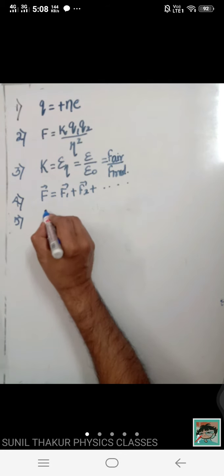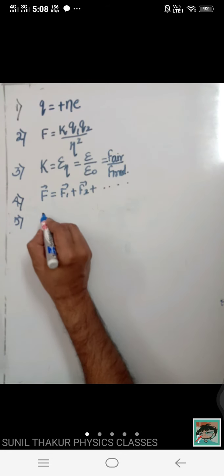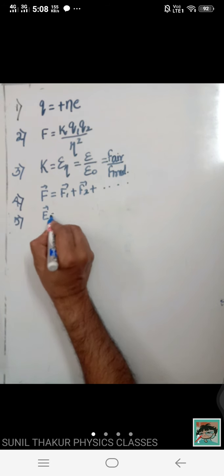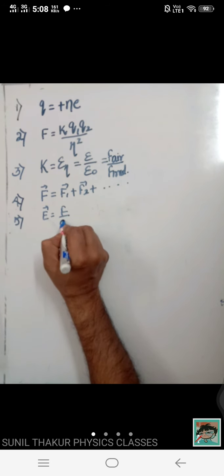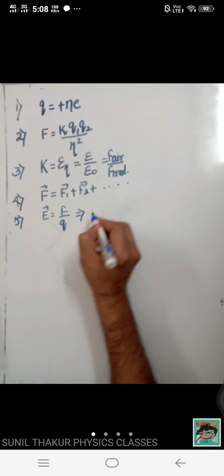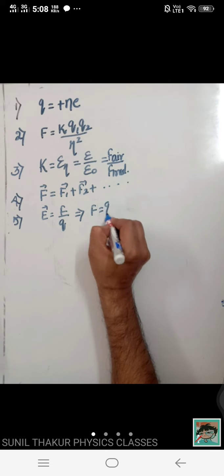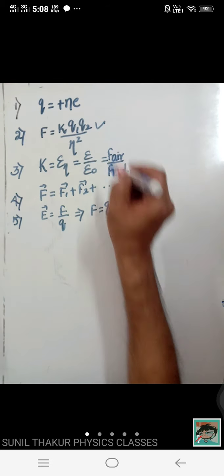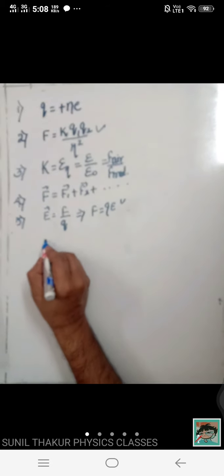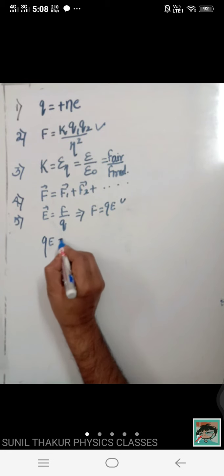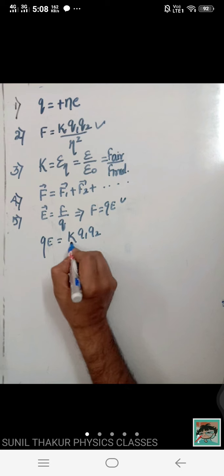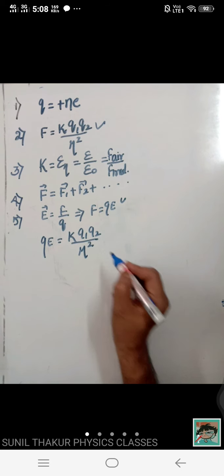Next one, that is electric field. E is given by F by q. This implies F equal to qE. So from the second and the third, you can write qE equal to k q1 q2 by r square.